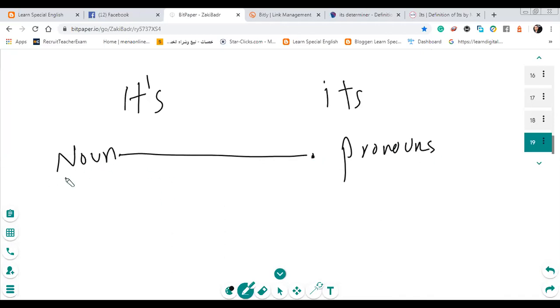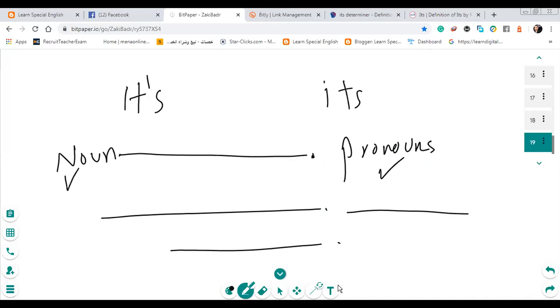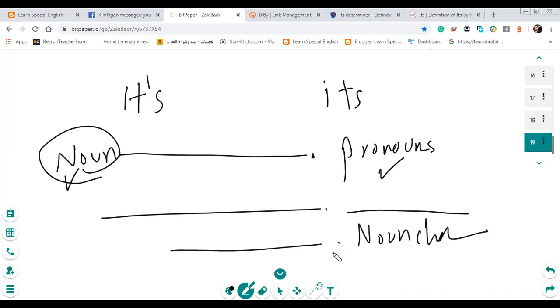Because we don't want to repeat this noun, we use pronouns in the upcoming sentences, right? And then if the noun changes, then the pronouns will also refer to the changed noun. And also you can refer to the first one.